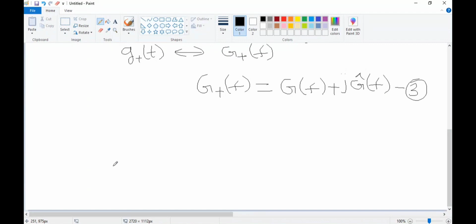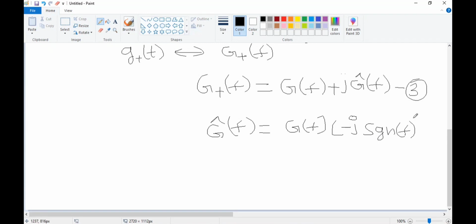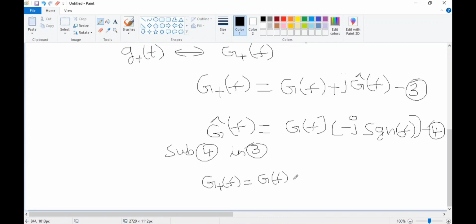Now we already know what G cap of f is. G cap of f is nothing but G of f times H of f, since this is the Hilbert transform, right? H of f is nothing but minus j signum of f. I'll consider this as 4. Now what you do? Substitute 4 in 3. So what will it be? G plus of f is equal to G of f plus j into G cap of f.